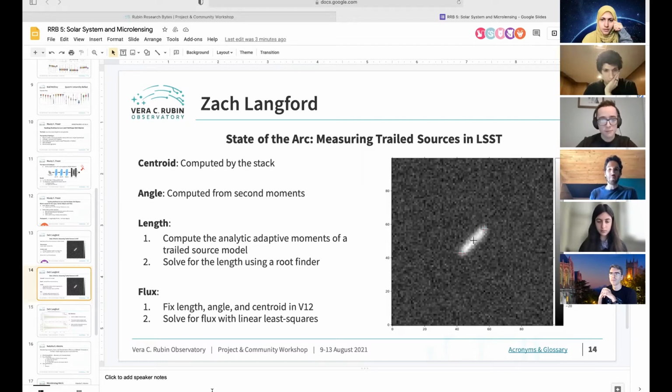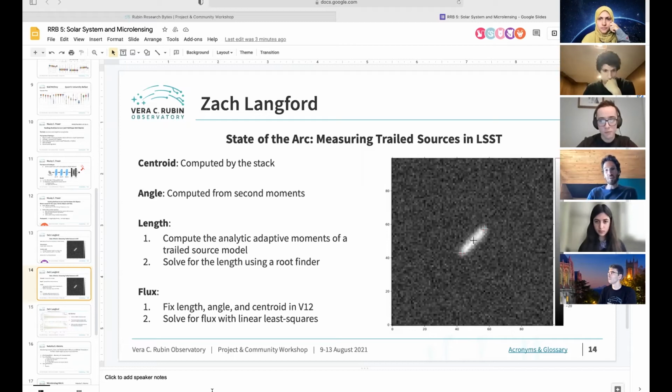So you can use that model to compute the second moments, and then use the numerically computed second moments of a trailed source coming directly out of previous measurements and use a root finder to solve for the length. We get a very simple model to evaluate in the root finder, and the root finding algorithm is very fast.